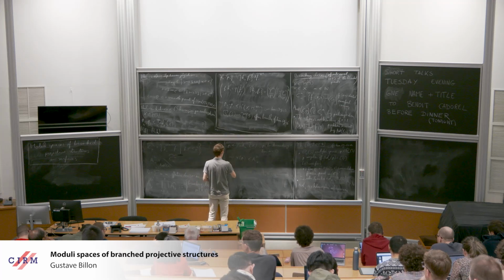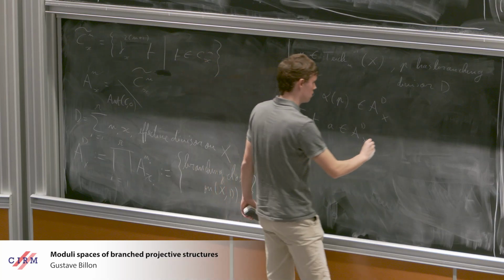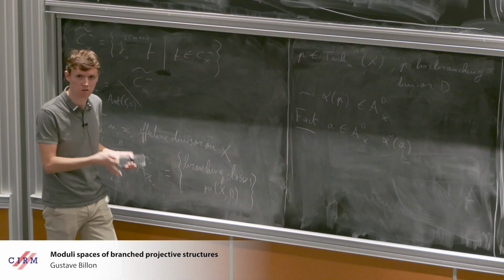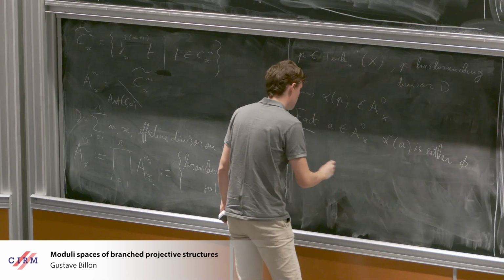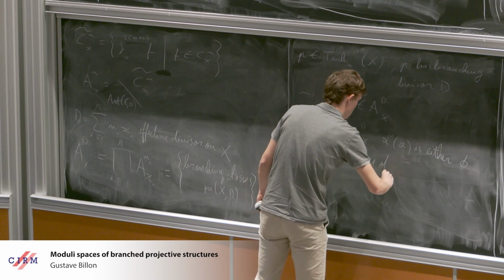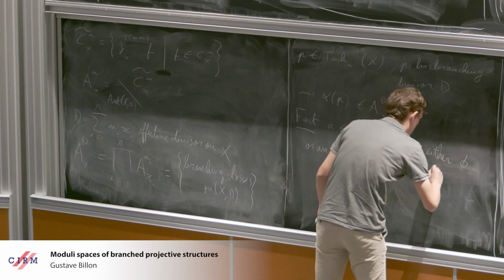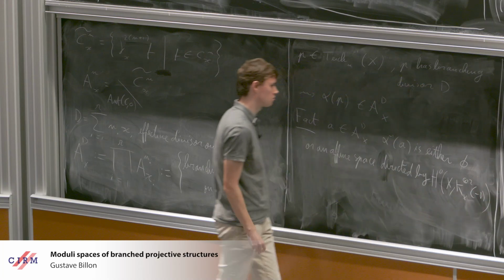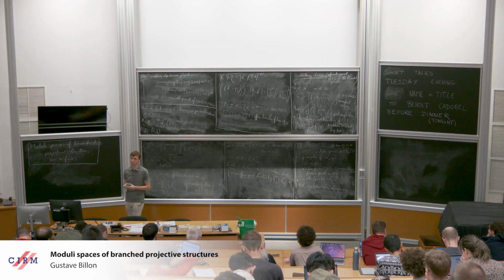And the important fact is that if I take A in the space of branching classes, the fiber of alpha above A, so the space of branched projective structures of branching class A, maybe it can be empty, but if it's not empty, it is an affine space directed by the global quadratic differentials that vanish on D. So we get the same situation as in the unbranched case.